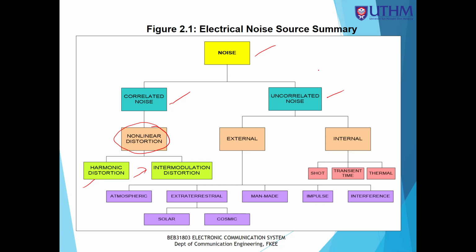And then for the uncorrelated noise, we have external noise, the noise that exists outside the system, outside the transmitter and receiver, which is in the channel. And then we have internal noise, the noise that happens inside the system, inside the transmitter and receiver. There are three here: shot noise, transit time noise, and also the thermal noise.